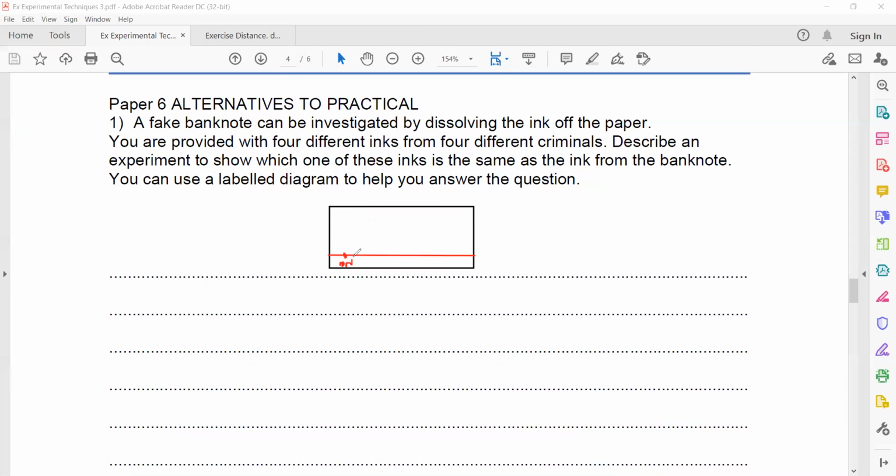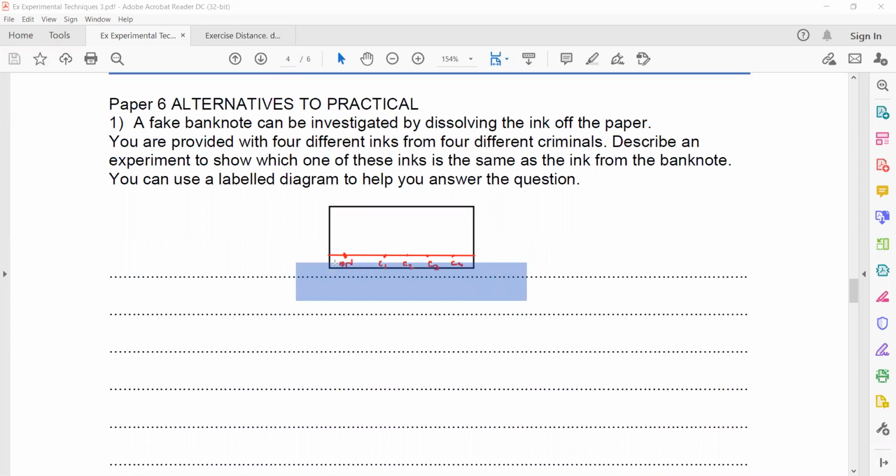Then we have inks from 4 different criminals: from criminal 1 we have C1, criminal 2 C2, criminal 3 C3, and criminal 4 C4. Then we will use a suitable solvent which can dissolve these inks.